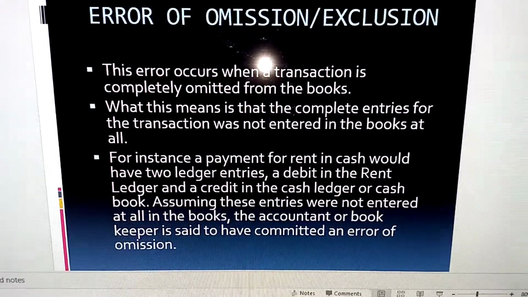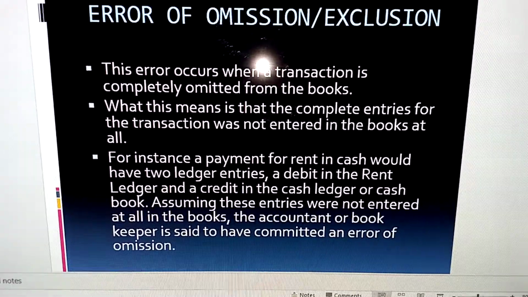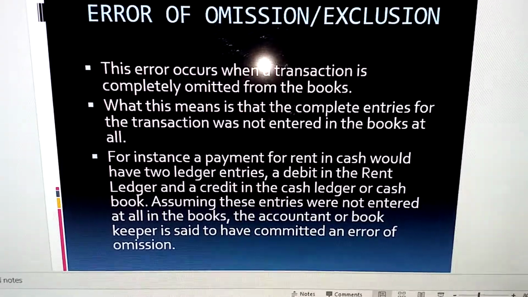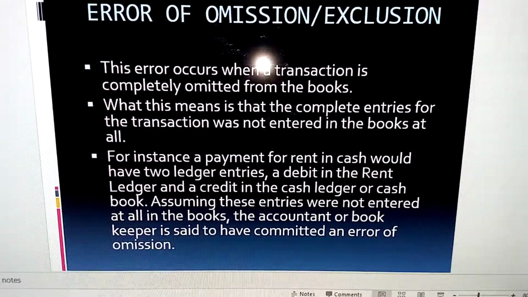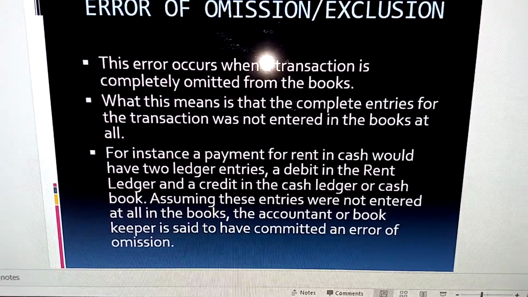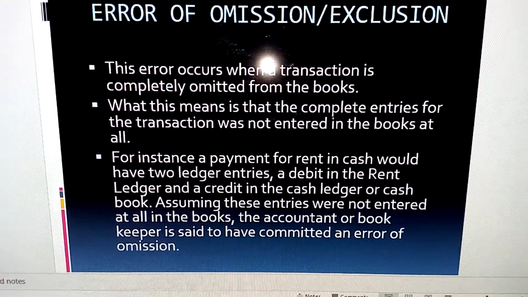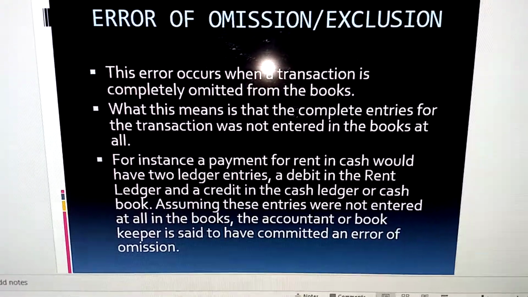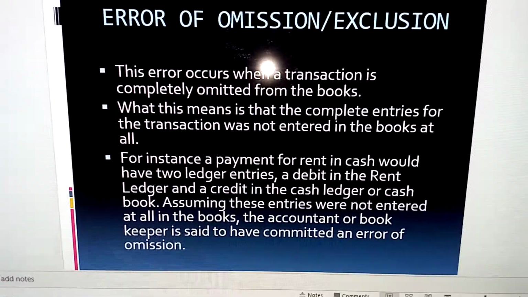Cash is an asset decreasing, I beg your pardon. So you credit cash, and rent is an expense increasing, so you debit rent. Now, instead of entering this transaction into cash account and rent account, none was actually recorded. Such error is called error of omission.